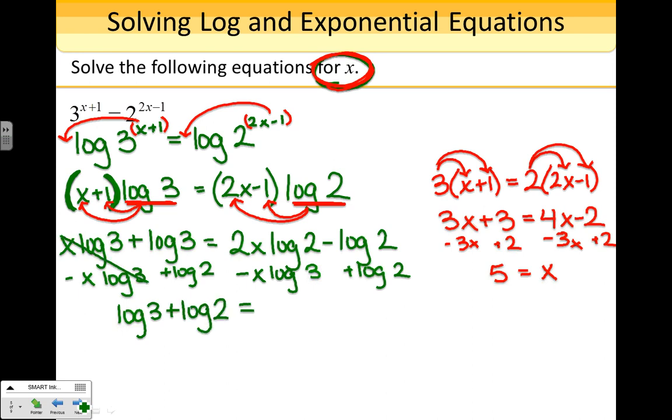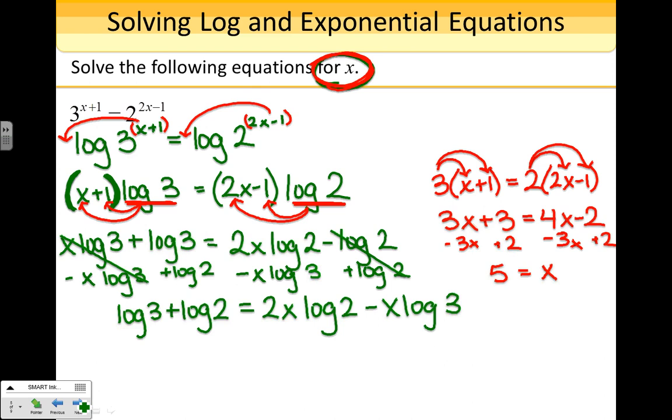These cancel out, so I'm left with 2x log 2 minus x log 3. All right, well, unfortunately what's different in this situation from our equation in the red over there is I cannot combine these two terms. These two are not like terms.